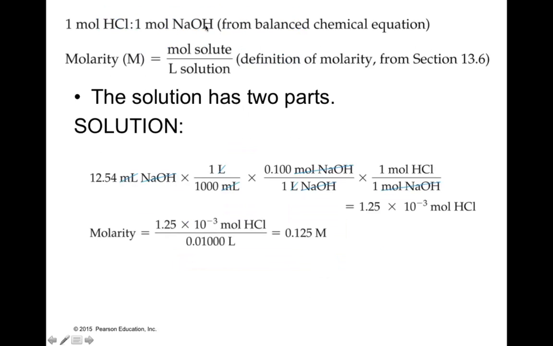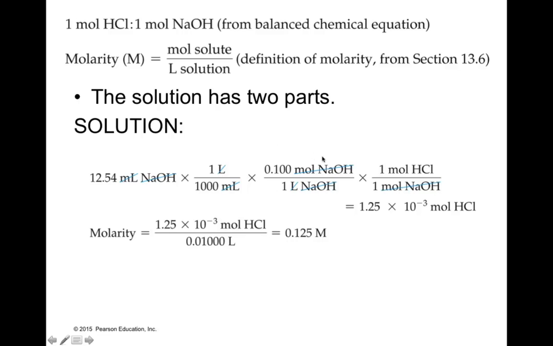So in other words, here we have the 1 mole and 1 mole ratio, these conversion factors, and also the molarity. We start with the volume of sodium hydroxide. We change the unit to liters, okay, by using the conversion factor of 1 liter is equal to 1,000 milliliters. And now that we have the volume, we can multiply by the molarity.